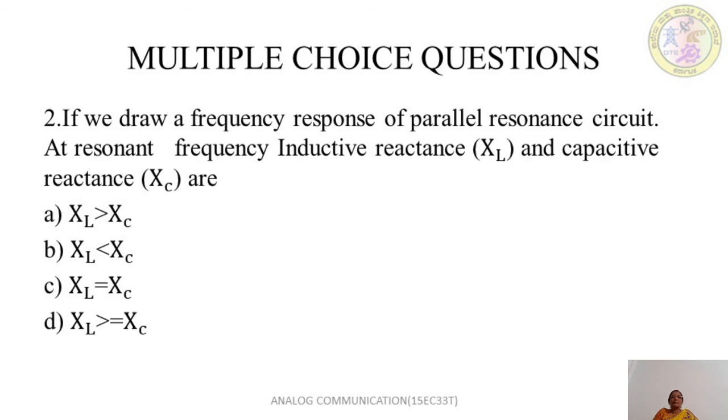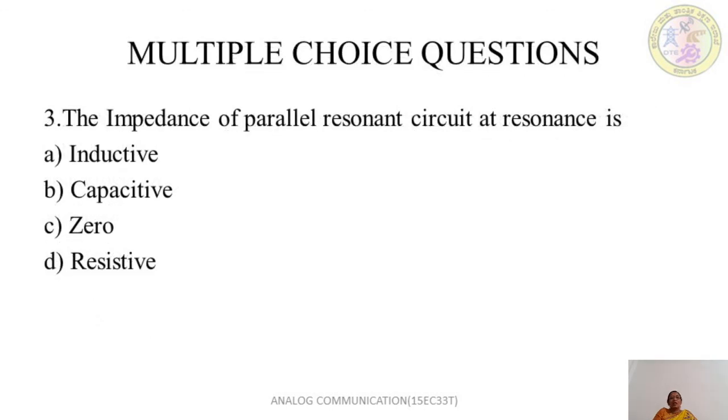At resonant frequency, XL is equal to XC. The impedance of parallel resonant circuit at resonance: inductive, capacitive, zero, resistive. It is resistive.